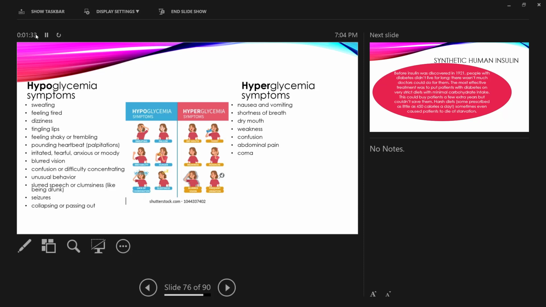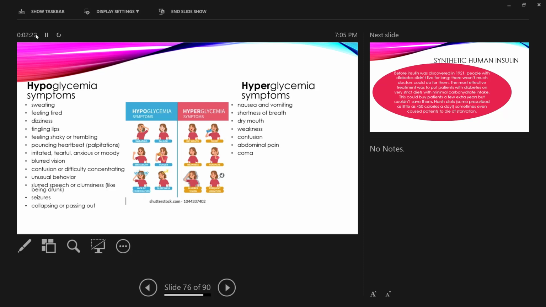So if a patient injects too much insulin, whether it be they injected insulin without having a meal, and now the body has too much insulin that it doesn't need, or because they injected the wrong dose, their blood sugar can drop to a level that is too low, and that's called hypoglycemia.